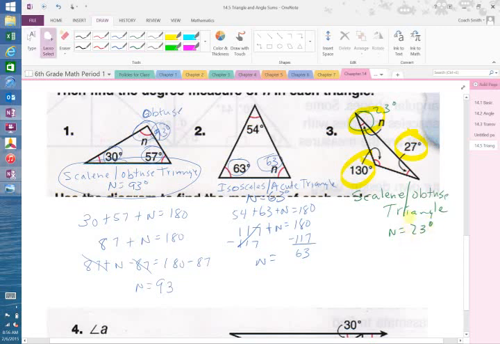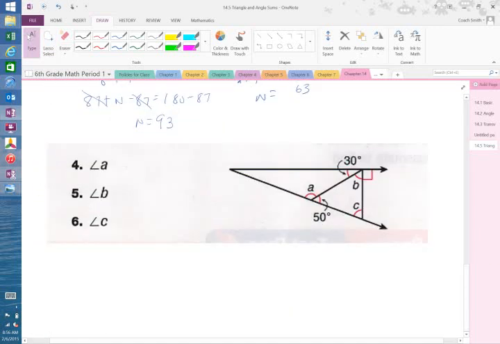All right, now, we're moving on to number 4. Number 4, they give us this figure, and they want us to find the missing angles. Well, we've got to find what we know about triangles to help us. Okay? So, let's use a different color here, let's go blue.